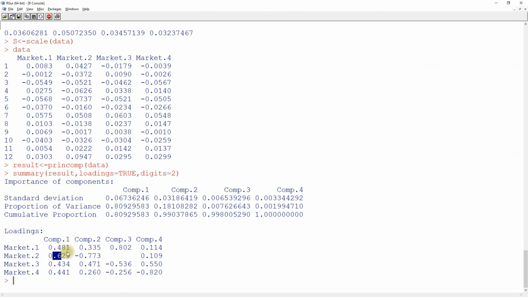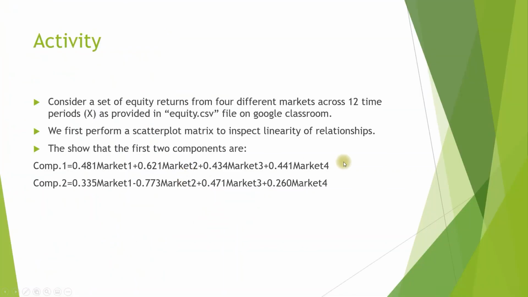So this is what you got here, 0.481, 0.621. So component 1 is equal to this times variable 1 plus this times variable 2 plus this times variable 3, and so on. This is what we got here.